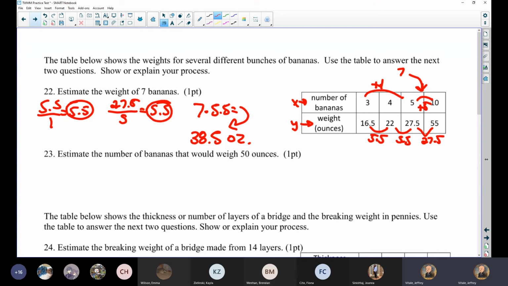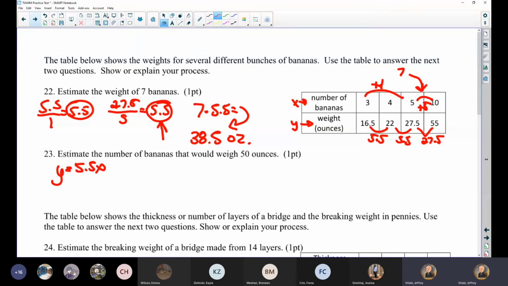All right. Estimate the number of bananas for the weight. Well, if our slope is 5.5, what would our y-intercept be? What would be our weight at 0 bananas? 0, right? So our actual equation is y equals 5.5x.